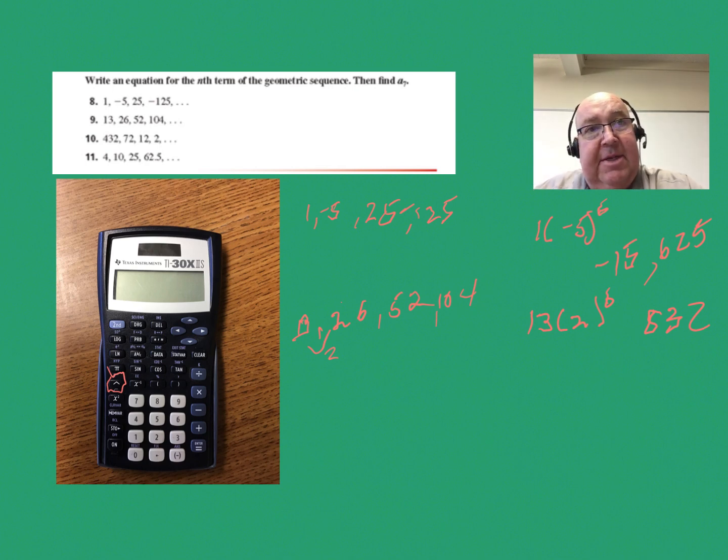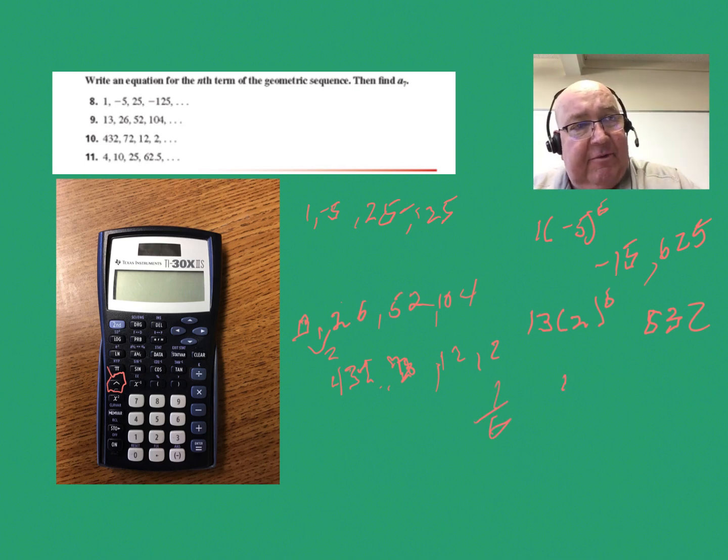Now the next one here, 432, 72, 12, and 2. That's multiplying by 1/6.